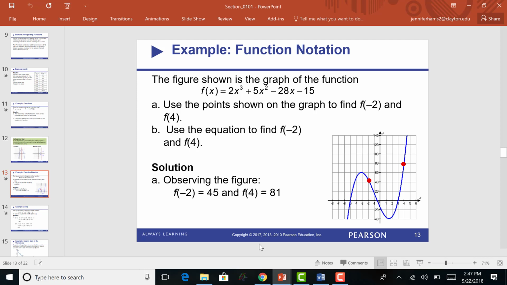Okay? So here, if they put a number here for x, that's what goes into the equation. And once it's done, you're going to get an answer. So if I say, what's f of 4, what are you going to plug into the dryer? 4. Which is going to do what to it? All of this math that you see on this board, and then you're going to get an answer out.